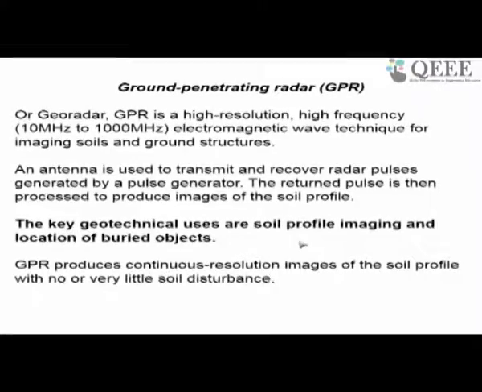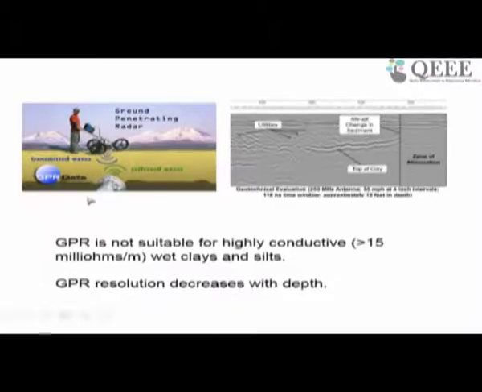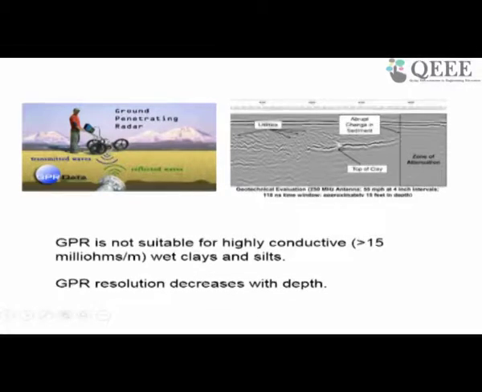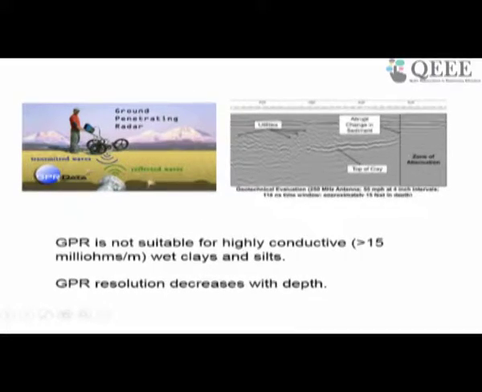As you can see here, the GPR is mounted on a small vehicle which is moved on the ground, and the pulses generated from this radar are reflected back by any buried pipeline or object, and that information is used to characterize the ground.